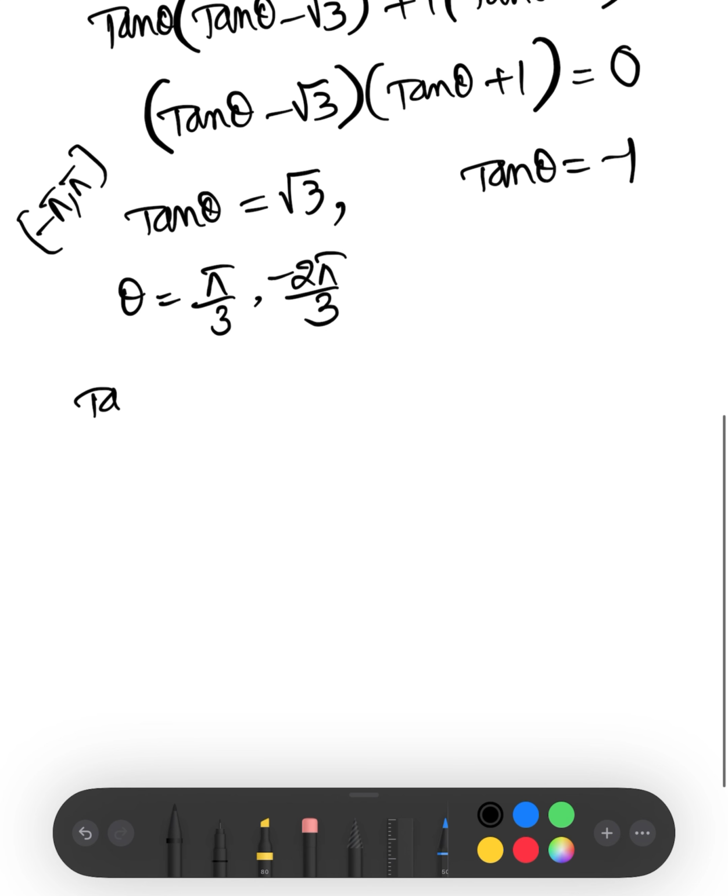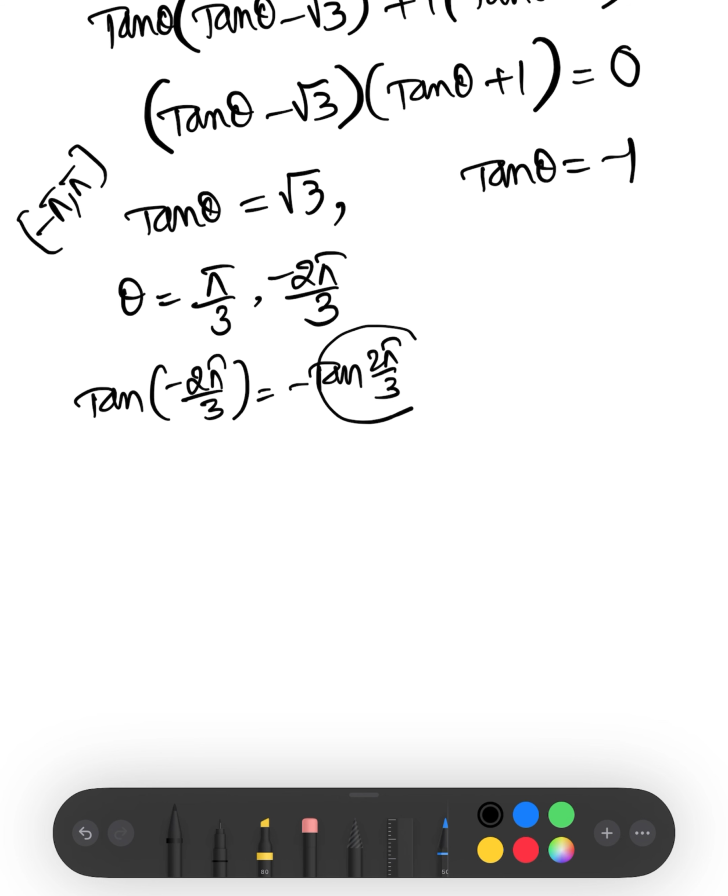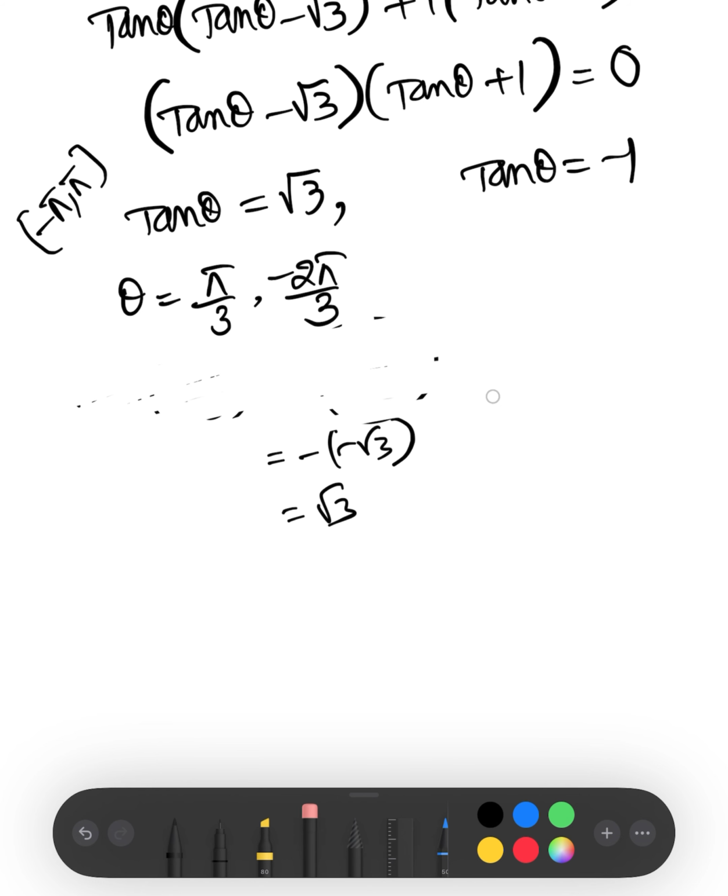Then suppose tan of minus 2 pi by 3: it is minus tan 2 pi by 3. Tan 2 pi by 3 is minus root 3, so minus of minus root 3 gives plus root 3. That's why I consider minus 2 pi by 3 for that.